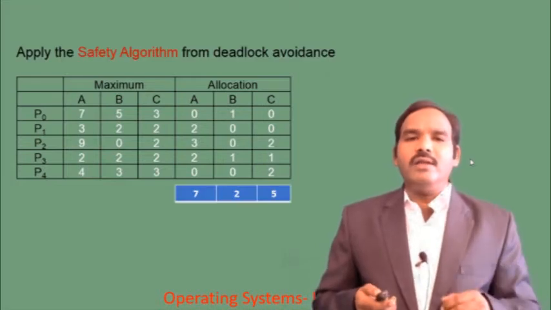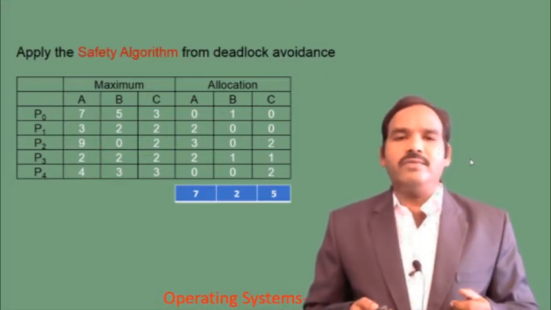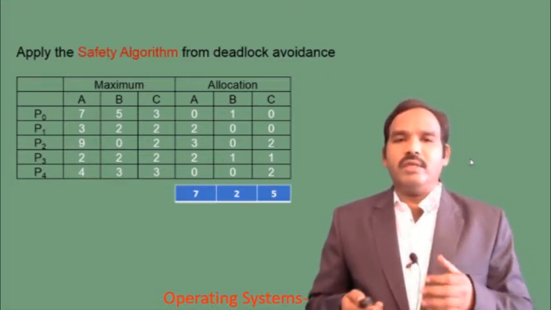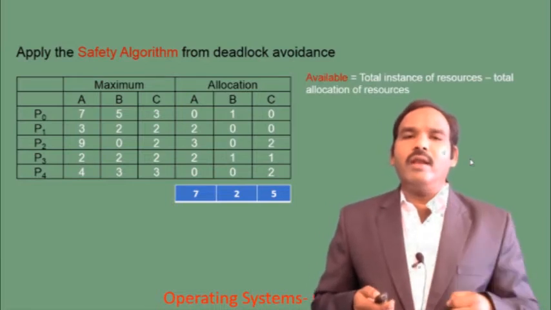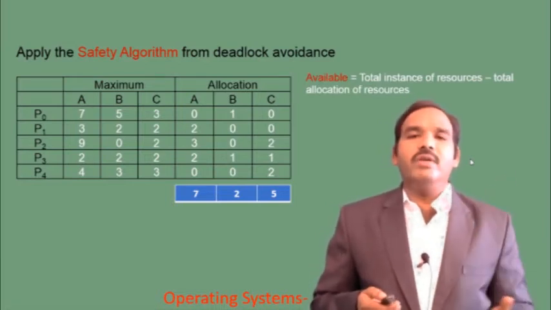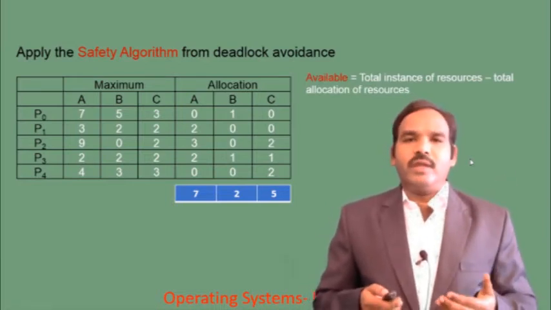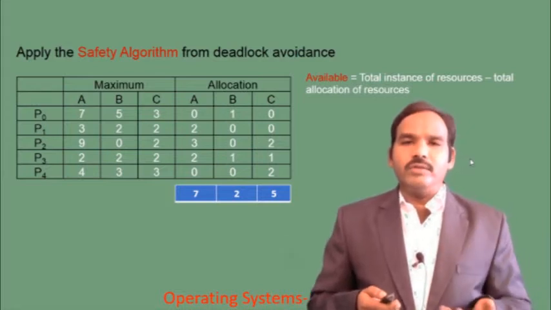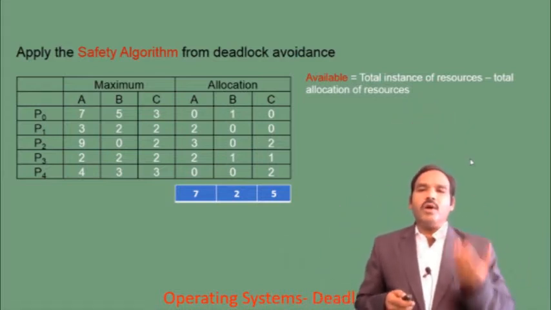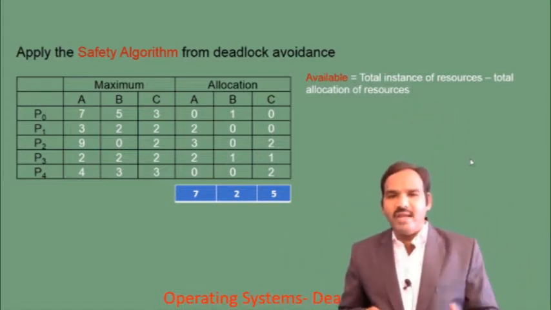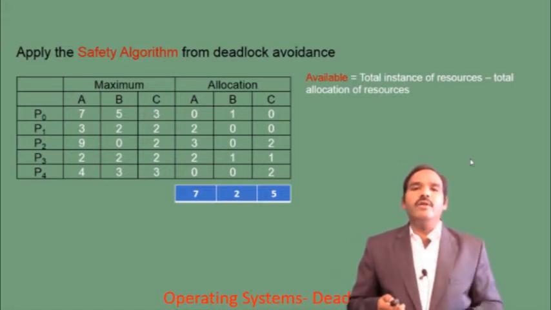So this is the already allocated instances of resources A, B, C, and if you want to calculate the current availability of resources, the formula is total instances of resources minus total allocation of resources.